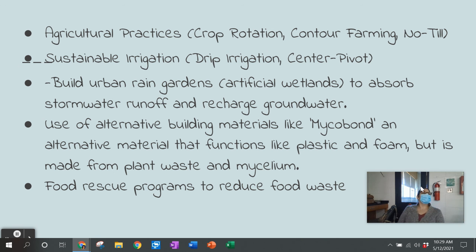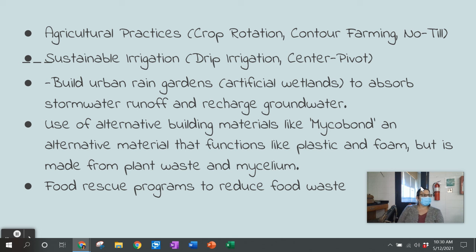Then you have different types of sustainable irrigation. Drip irrigation may not always be cost effective. It might not always be efficient and timely. So you go to center pivot irrigation and explain out what center pivot irrigation is. Again, back in the urban areas, instead of green roofs, urban rain gardens, artificial wetlands to absorb stormwater runoff, recharge groundwater.